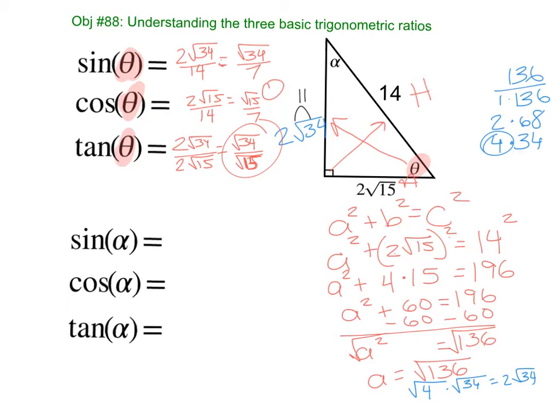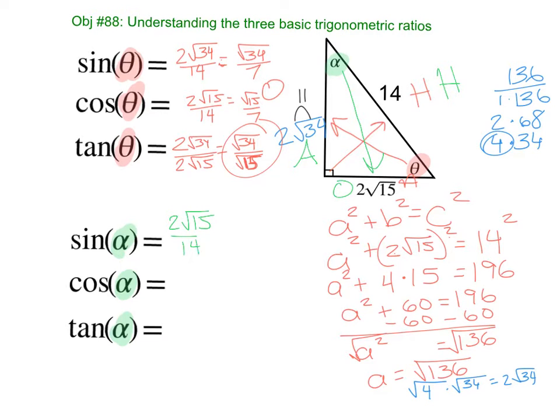All right, same thing. Now with alpha. Let's do green. Alpha. All right, so this time this is my opposite. This is my adjacent. My hypotenuse stays the same. So opposite, 2 root 15 over 14.